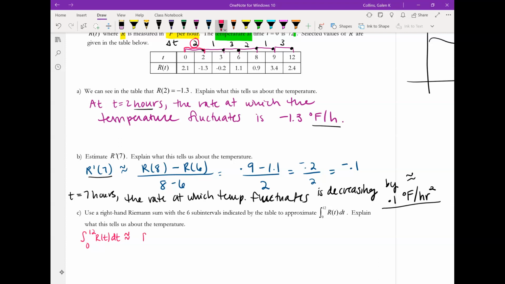So I'm going to multiply r of 2 times 2 plus my next right-hand side is r of 3 times the delta t of 1.